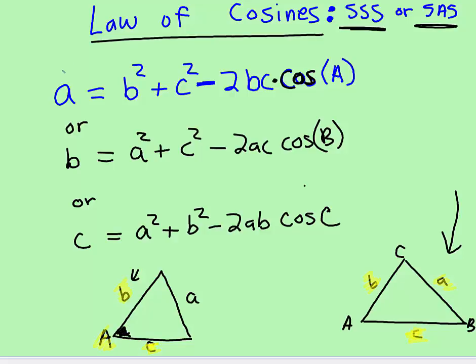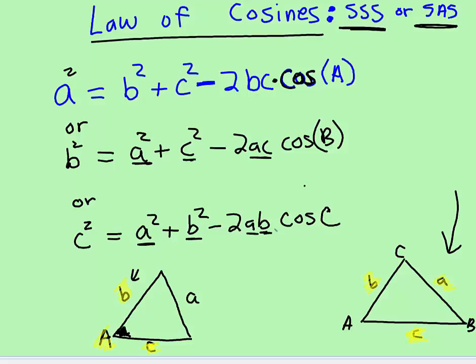What the law of cosines says is a squared is equal to b squared plus c squared, subtract 2 times bc times the cosine of A. And it's the same formula depending on which side. If you're trying to find b, then it's a and c; if you're trying to find c, it's a and b.